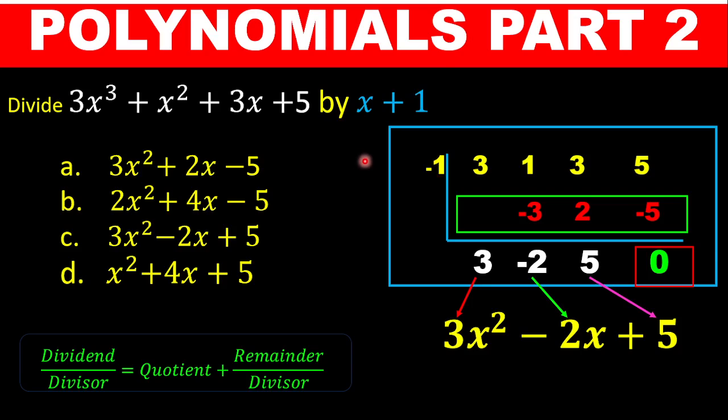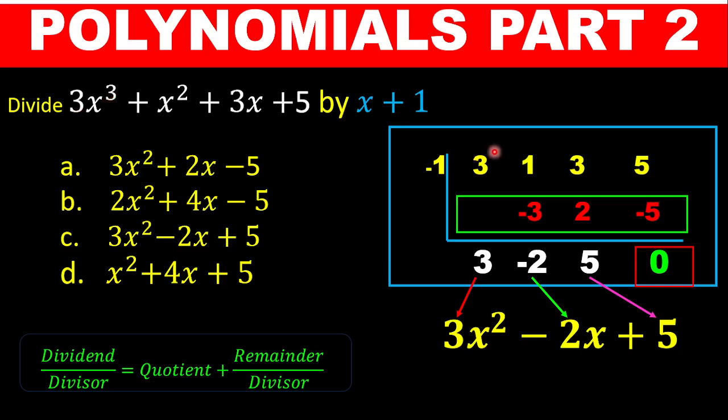And then let's come to the other numbers we see on the right hand side of your presentation. So how do we get these things? We actually got this from the question. So these represent the coefficients of the variables we have in the question. So for example, the coefficient of x cubed is 3.